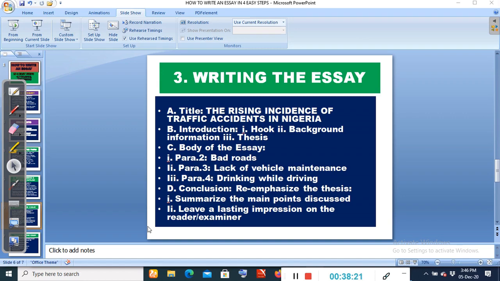We can conclude by making a further call for action on the part of the stakeholders, or we can simply emphasize the need for the solution to the problem to be actually found, or our recommendation implemented. So let's look at how this can be done.